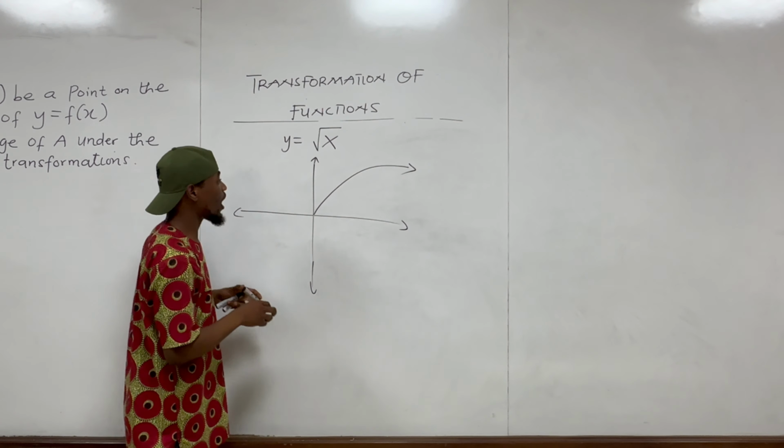You have y is equal to square root of negative x. This way, and something of this nature. How do we graph this function? And we also have y is equal to, let's say, negative square root of negative x.